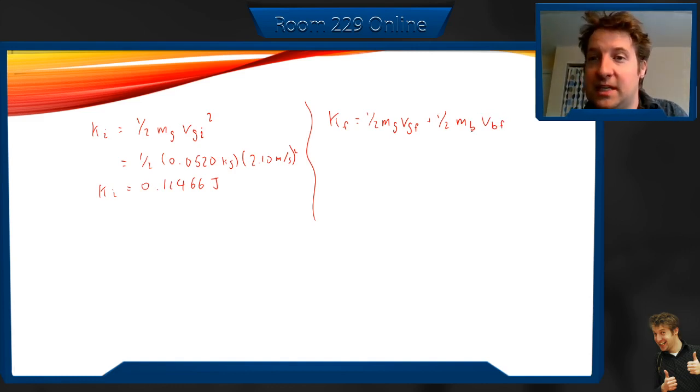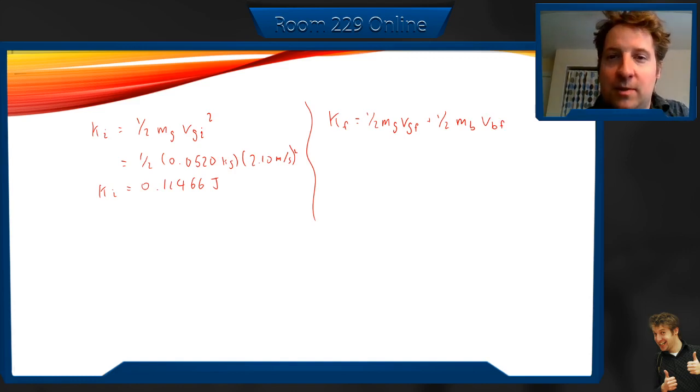We needed to calculate what this velocity of the golf ball was. We didn't know this one yet. We knew all the other velocities. We had to work that one out. So when I work this out, you guys can do the math here, I end up with 0.1135 joules.